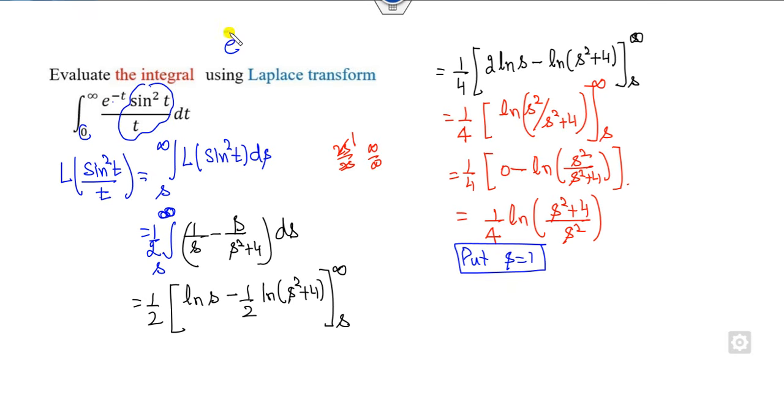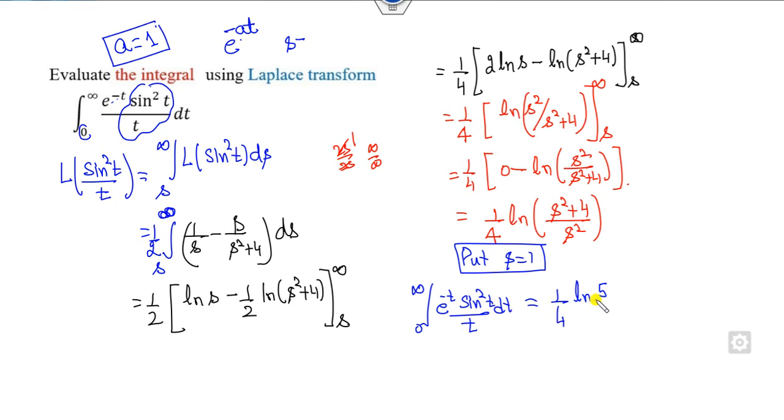Always compare this exponential part with the given one. What is my a? a is 1. So you can substitute s is 1. The left hand side will be the integral of e to the power minus t sine square t divided by t, with s equal to 1. So ln 5 over 4 is the right answer.